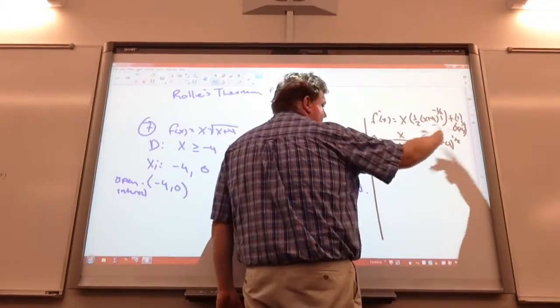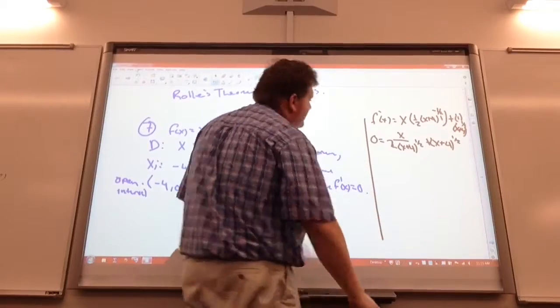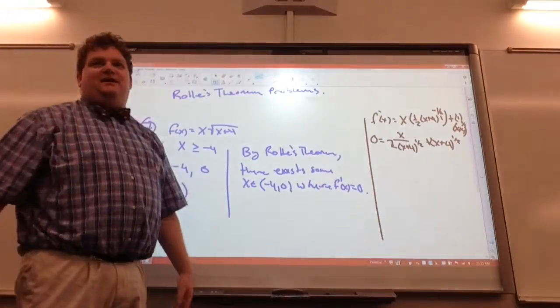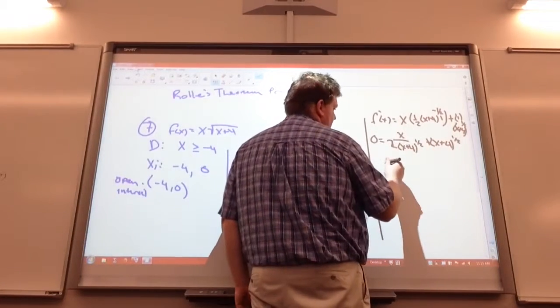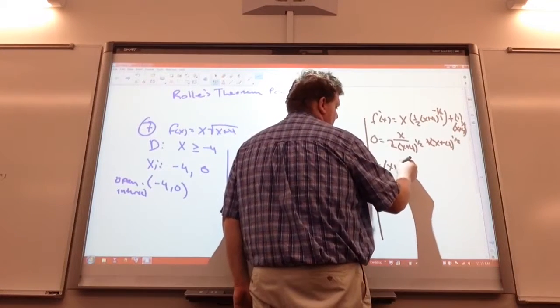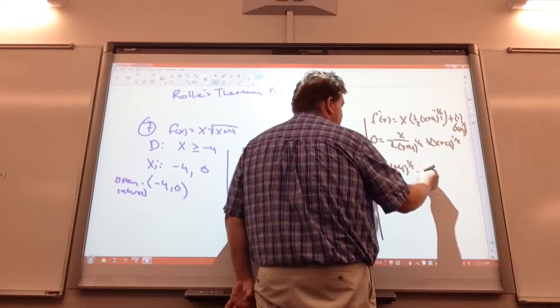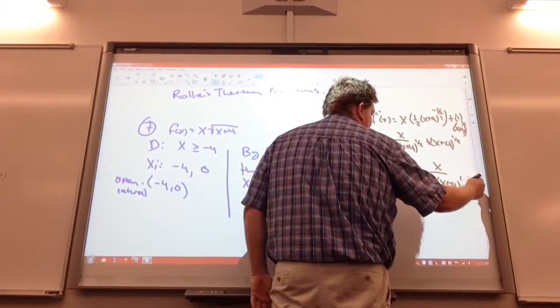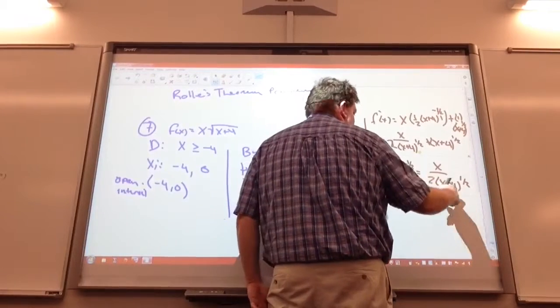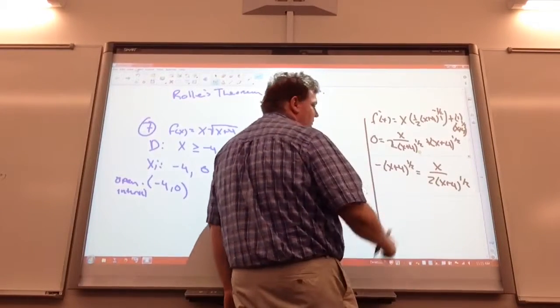This looks like it might be hard to do. Resist the urge to get a common denominator there. Instead, I can use a sneaky trick. I can move this one over here as minus x plus 4 to the 1/2 equals x over 2 times x plus 4 to the 1/2. Those are the same thing, right? So I could cross multiply and get rid of it.